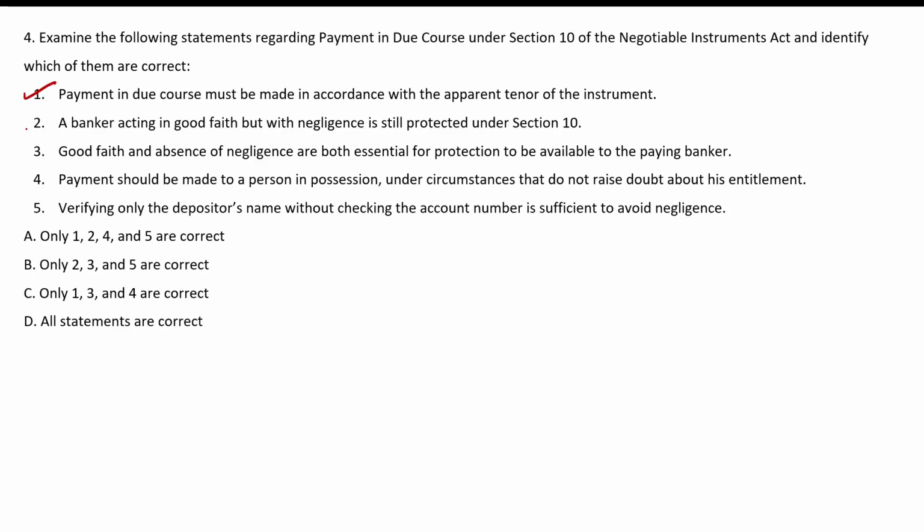Good faith and absence of negligence are both essential for protection to be available to the paying banker. Correct. Payment should be made to a person in possession under circumstances that do not raise doubt about his entitlement. This is also correct. Verifying only the depositor's name without checking the account number is sufficient to avoid negligence. So this is not correct. So 1, 3 and 4 are correct, making option C the correct answer.